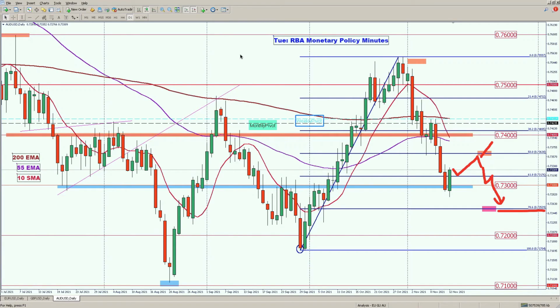Right, the monetary policy is separate from the interest rate announcement. So this Tuesday, there's the RBA monetary policy minutes here. So we'll see whether there's anything that they can discover from there.